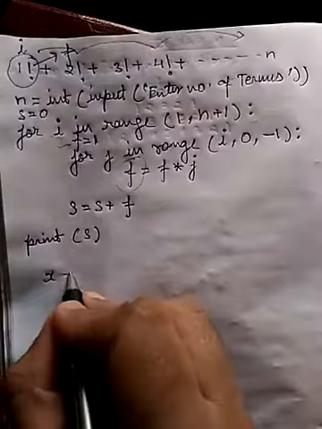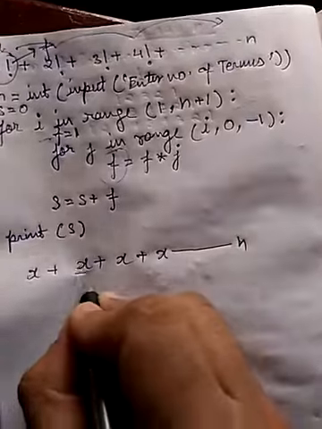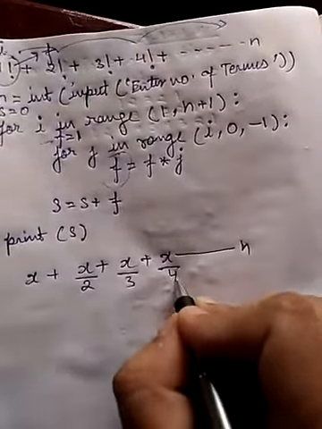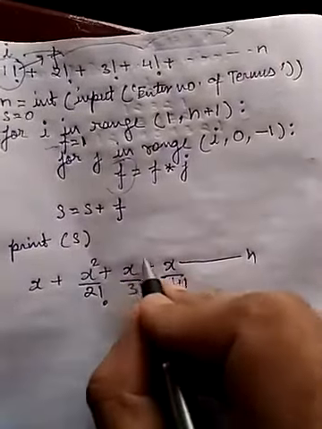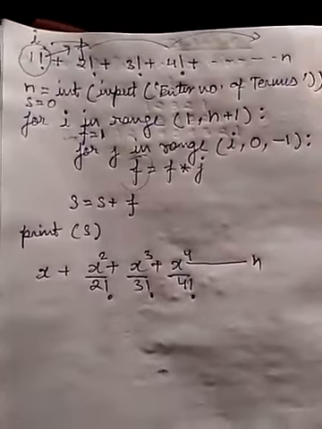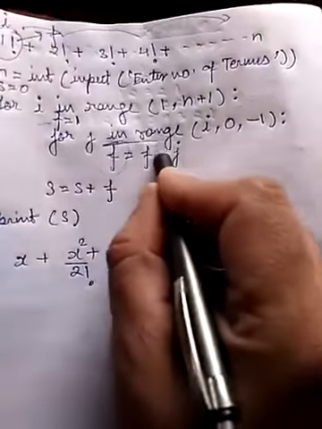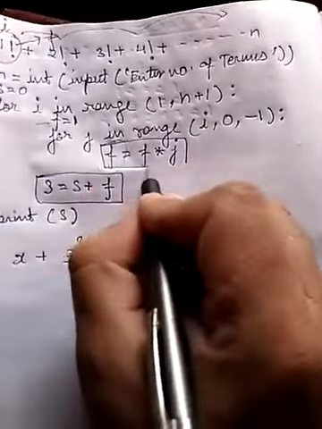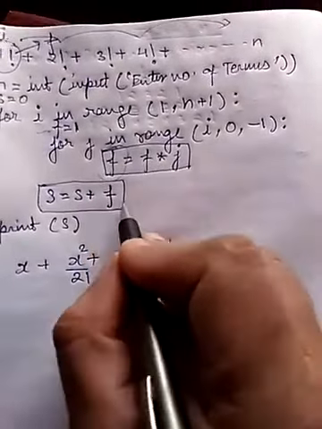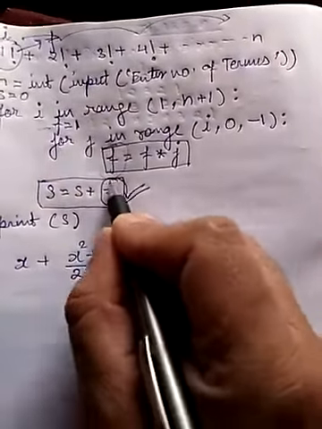So this question can be modified in this way also. x plus x squared plus x cubed plus x to the power 4 over 2, 3, 4 factorial, so we are raising the power like this. Now this question has exactly the same answer, only this part will change, because we have to calculate the factorial, and after calculating the factorial we have to change this part, because here the term is not just the factorial.